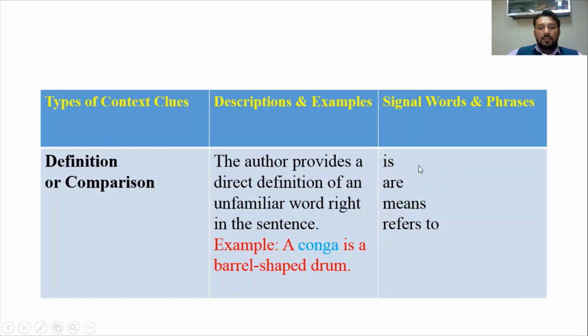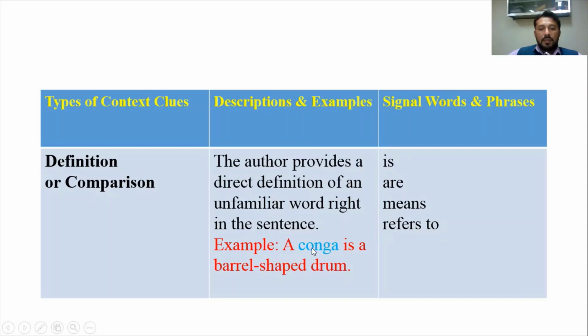So the writer uses these words in order to define or compare the meaning of an unknown word. For example, the author provides a direct definition of an unfamiliar word right in the sentence. For example, a conga is a barrel-shaped drum.